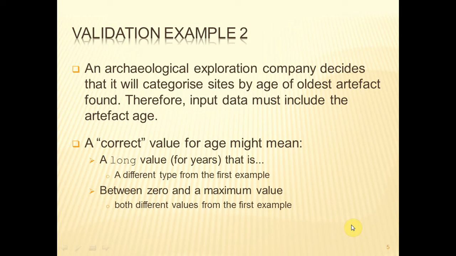And therefore we might have to record it as a long value instead of an integer value. In the first instance, that differs from the first example by data type. The range of permitted values, in this case, will start at 0 instead of 1 in the previous example. And we'll go up to some maximum value, but that maximum value is likely to be very much greater than 130 or 150. I hope that you get the idea from this, that when we're validating something, it depends on the context in which we're performing the validation as to the definition of correct.